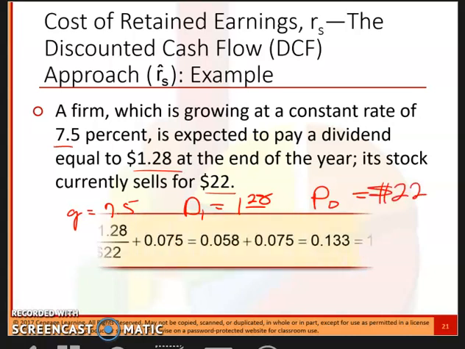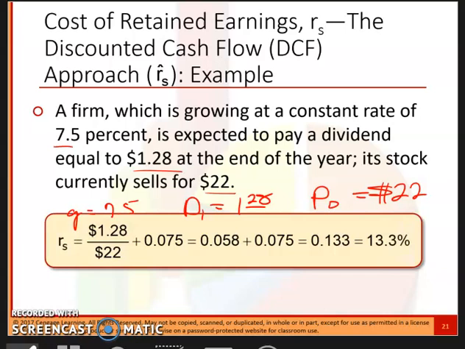So we can plug that in, and we can come up with the cost of retained earnings based on the discounted cash flow approach. We take our dividend of $1.28 divided by the market price of the stock, plus our 7.5% growth rate, 0.075. So $1.28 divided by 22 is 0.058, plus 0.075, that's 0.133, or 13.3%.